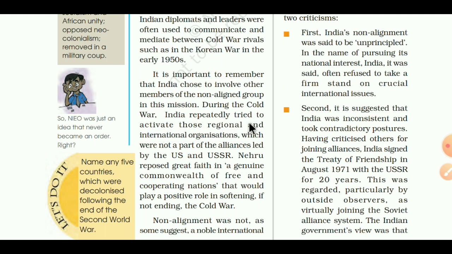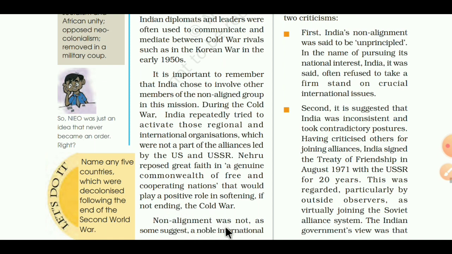India has repeatedly tried to be active through regional and international organizations. I am telling you what those things are. Allied by the US and USSR, Nehru proposed great faith in a genuine commonwealth of free and cooperating nations that play a positive role in softening, if not ending, the Cold War.